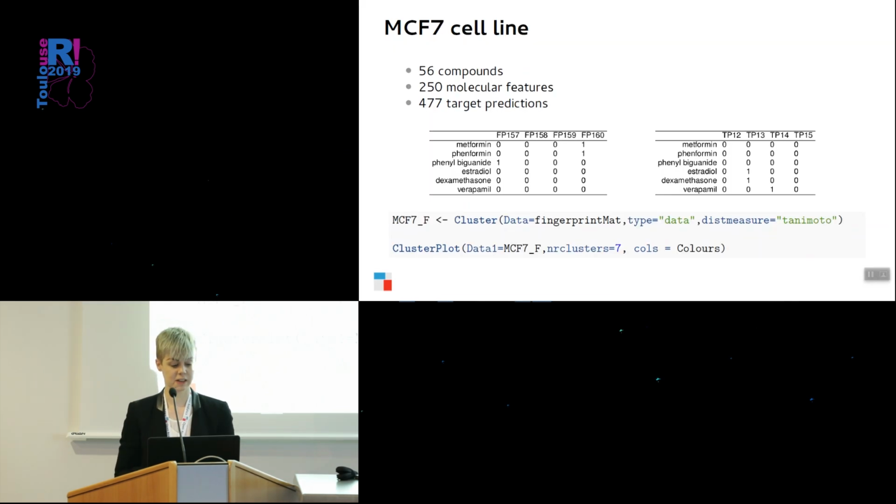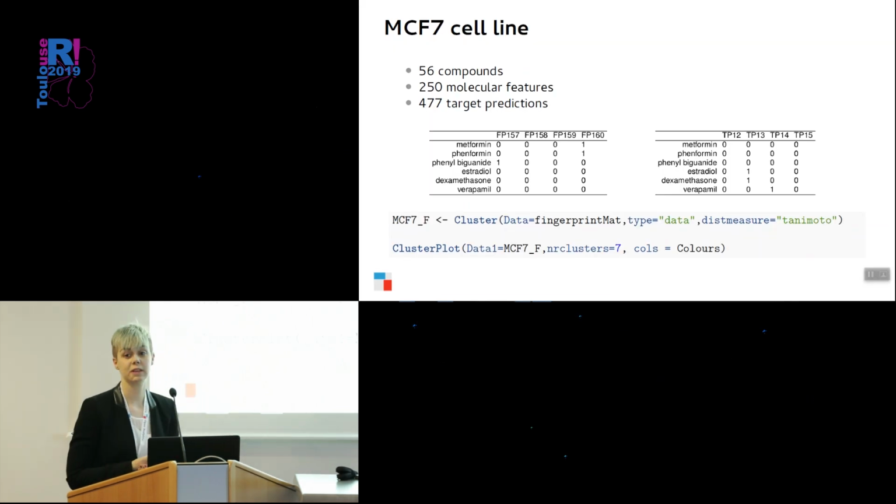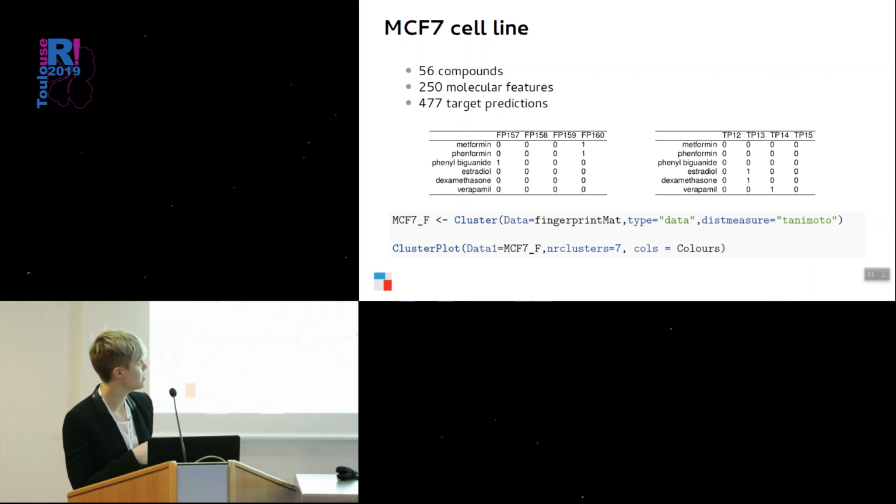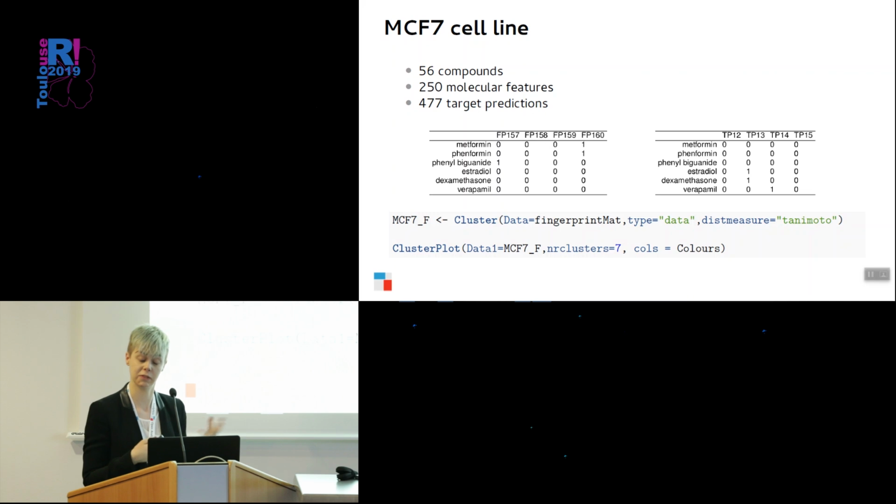Time for some case studies to make everything very clear. In the first case study, we will be looking at the MCF7 cell line. We have 56 compounds and two data sets. For these compounds, we have records about their molecular features, which is a binary data set: 0 if the feature is not present, or 1 if the feature is present. We also have a target prediction data set with the same meaning: if it is a 1, the compound will hit that target, and if it's a 0, it will not.